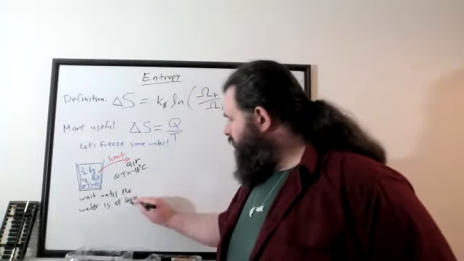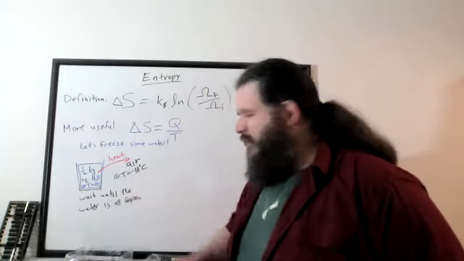So the final situation is going to be the water still at 0 degrees because we're just waiting until it's just barely frozen. We're not waiting any longer. So we wait until the liquid water becomes all solid, but still at 0 degrees, and then we stop the experiment. And we want to figure out what's the change in entropy involved here.